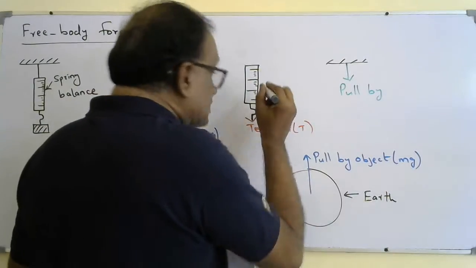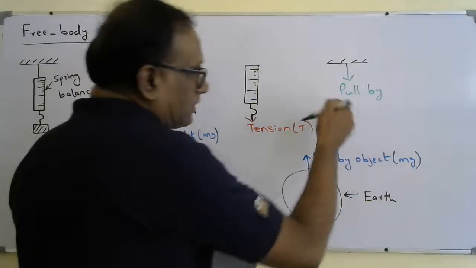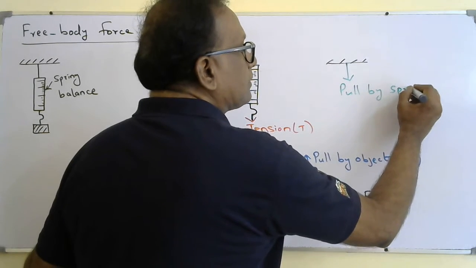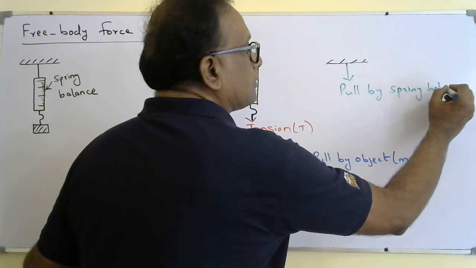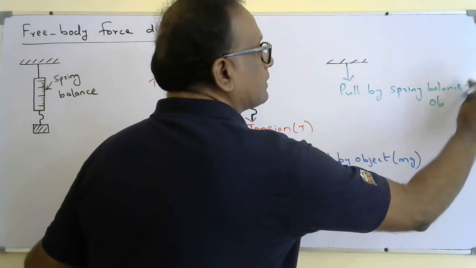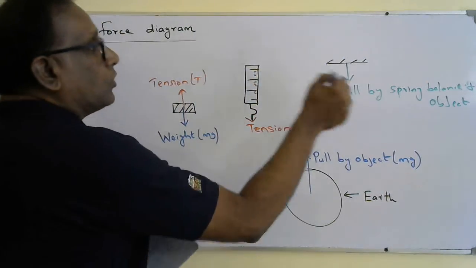I can say even the spring balance might have its own weight due to the metal part of it. So I can say totally pulled by spring balance plus object. The total weight will act there. So what will happen?